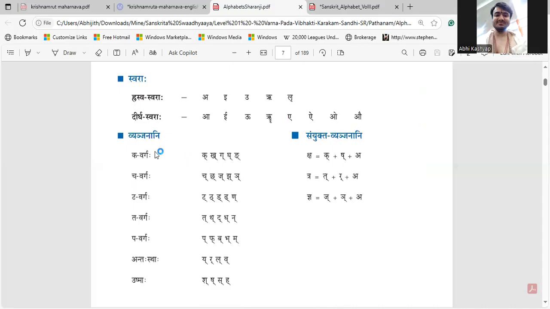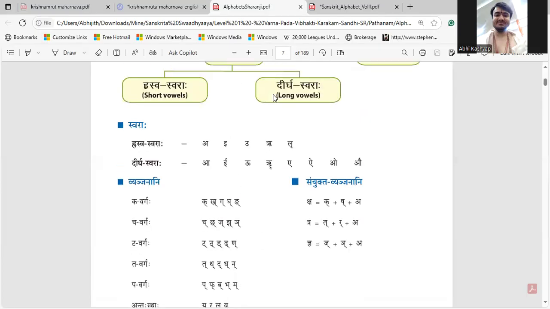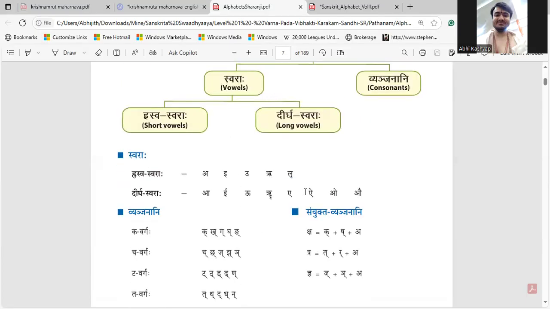Vargiya vyanjana, we have Kavarga, Chavarga, Tavarga, Tavarga, Pavarga. Avargiya vyanjana, we have Antasthaha, Ushmaha. So, totally we have 25 vargiya and 8 avargiya, and a total of 13 swaras.